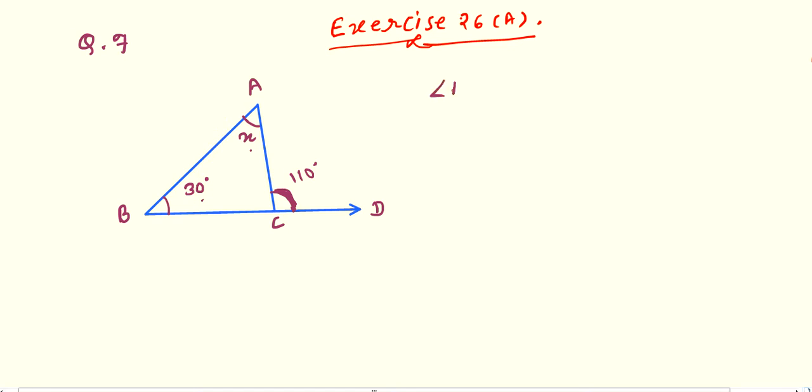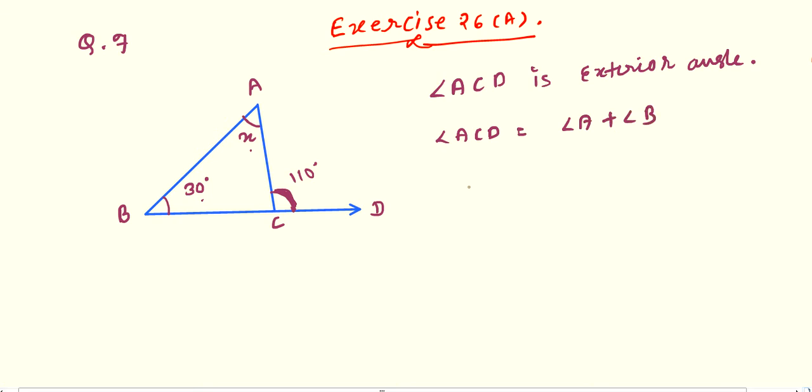So the first thing you should know: angle ACD is the exterior angle. Angle ACD will be equal to angle A plus angle B, as per the exterior angle property.